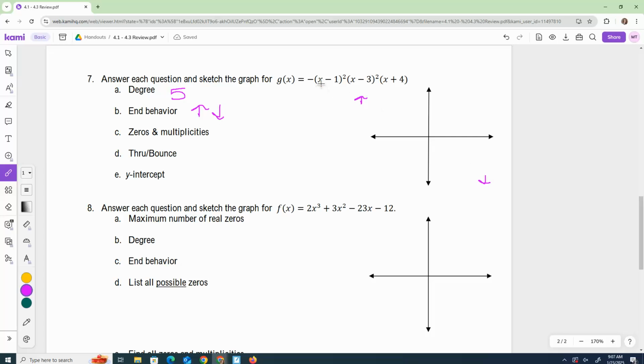Zeros and multiplicities. What makes x minus 1 equal 0? Well, if you solve it, you just get x equals 1. So we just say the 1, the 0 doesn't include an x. But since it was squared, that would be multiplicity 2. If I set x minus 3 equal to 0, we get 3, and if you set x plus 4 equal to 0, we get -4.